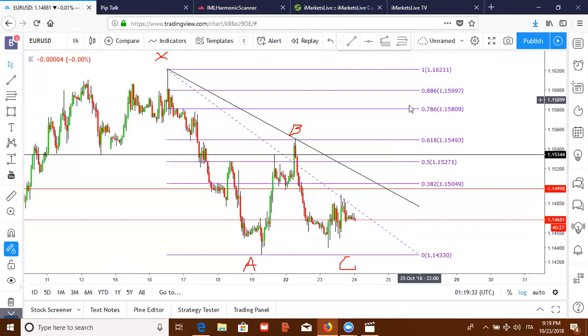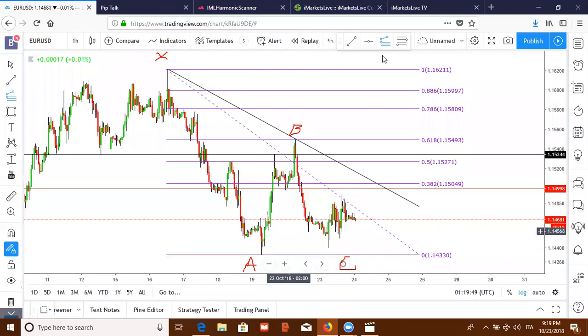Now, what I also want to do, I want to take another fib because I'm looking for two levels. Let me take my Fibonacci Extension tool.